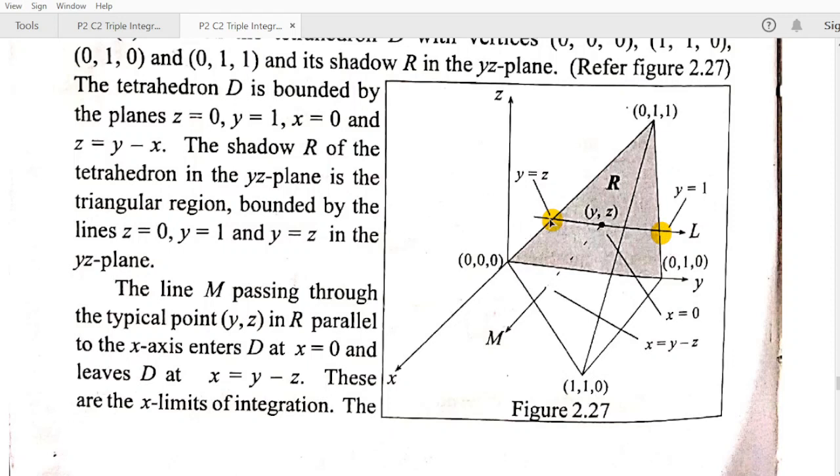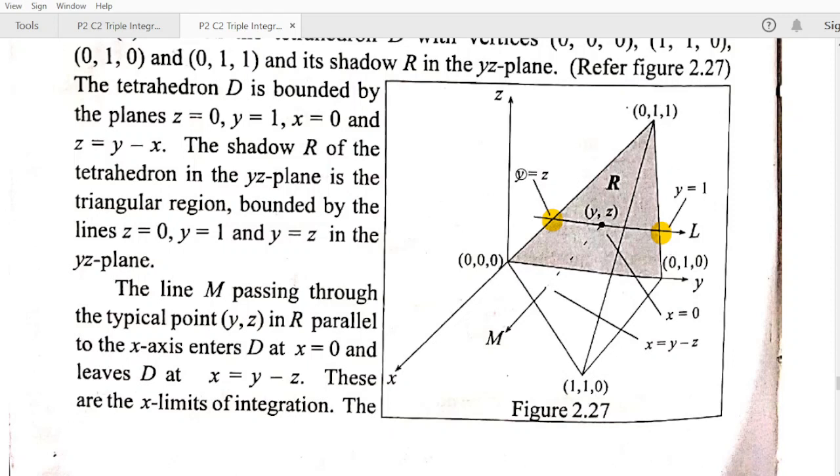At this point, if we don't know the equation of this particular line, we know that the line passes through 2 points, 0, 0, 0 and 0, 1, 1. So we can use the formula that I mentioned in the last problem, the equation of the line passing through two points in three-dimensional space.